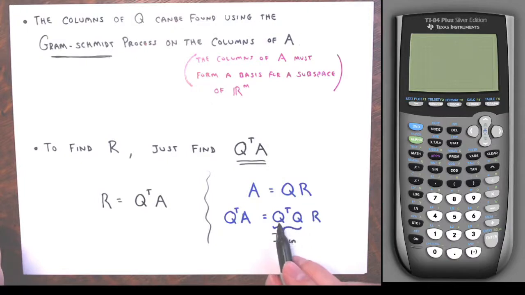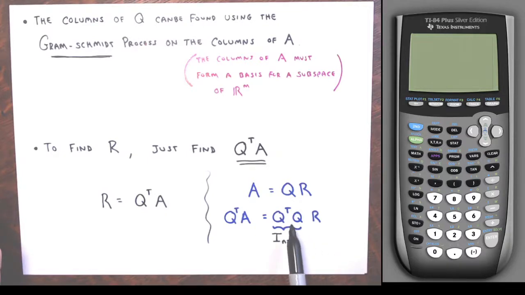But be careful, not the other way around. Q is only going to have orthonormal columns, not necessarily orthonormal rows. So Q transpose times Q will be the n by n identity matrix. But Q times Q transpose may or may not be the m by m identity matrix, but we're not relying on that.